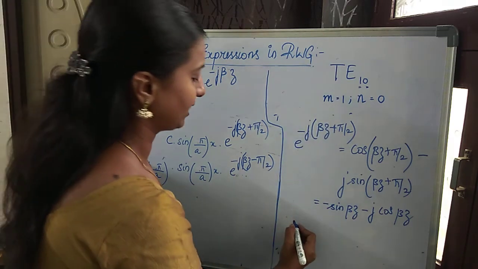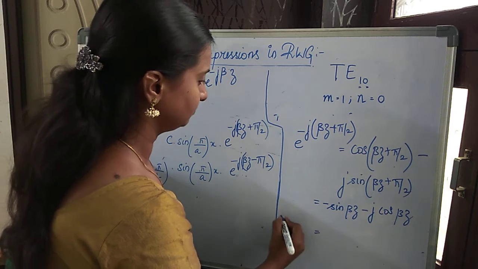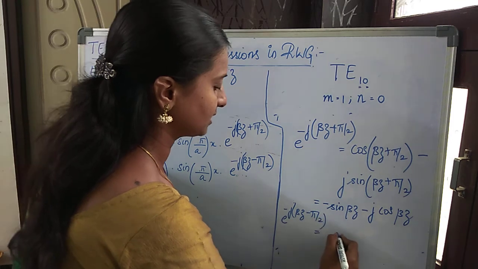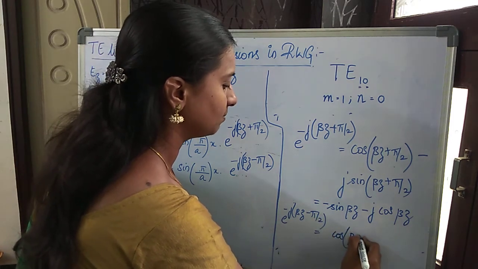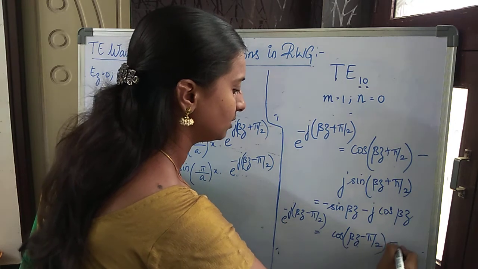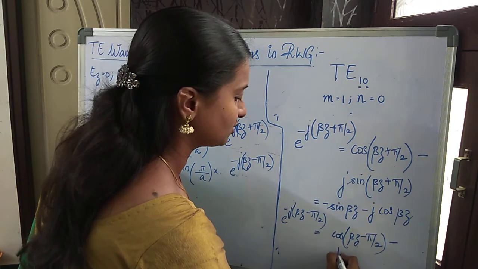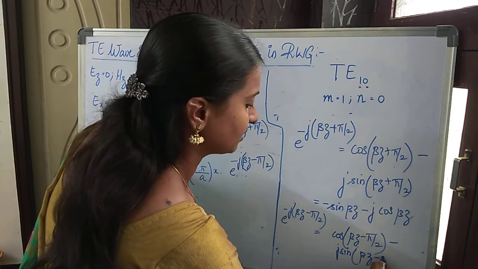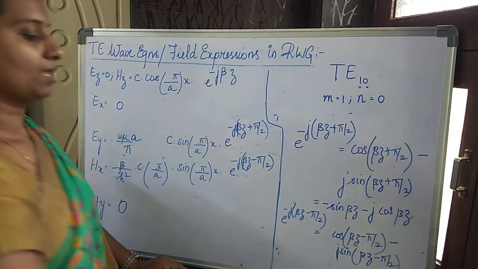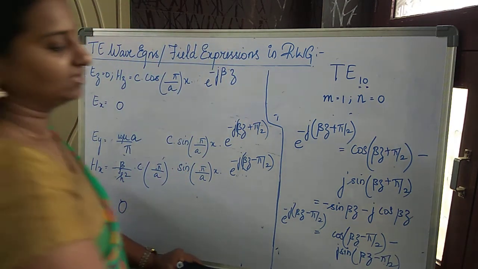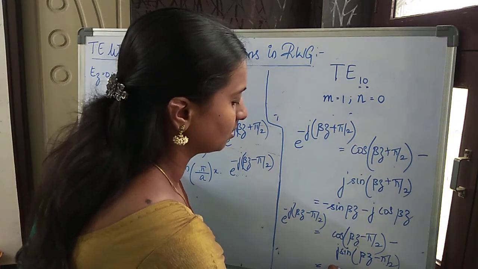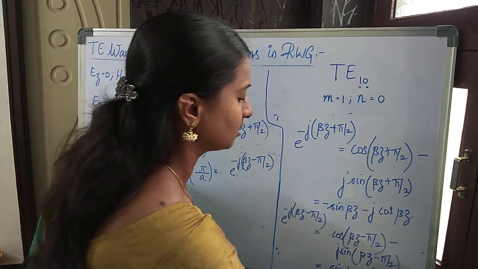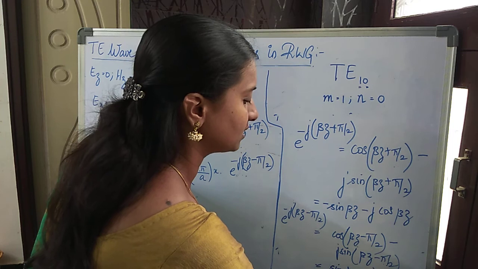Same way for this, e power minus j beta z minus pi by 2 can be written as cos of beta z minus pi by 2 minus j sine of beta z minus pi by 2. So I'll be having sine of beta z minus j cos of beta z.